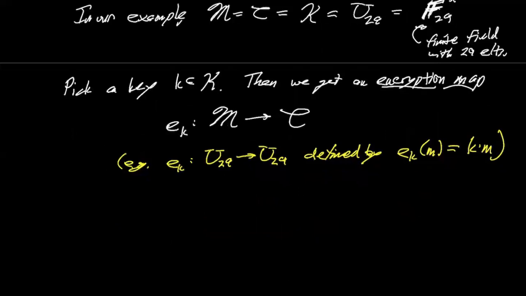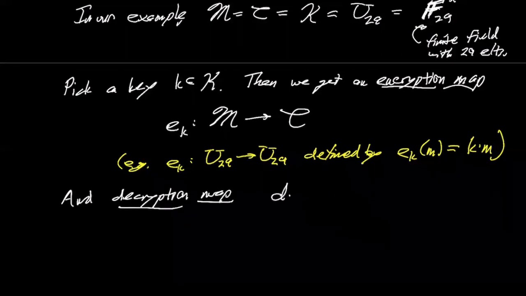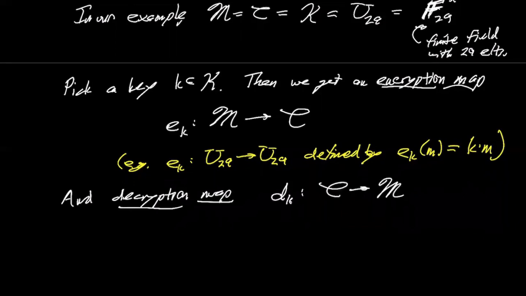And we get a decryption map, D sub k, from the set of ciphertext to the set of plaintext. It's supposed to be a C; it's more like a big E. In our example, D sub k was also a map where both sets were U29.